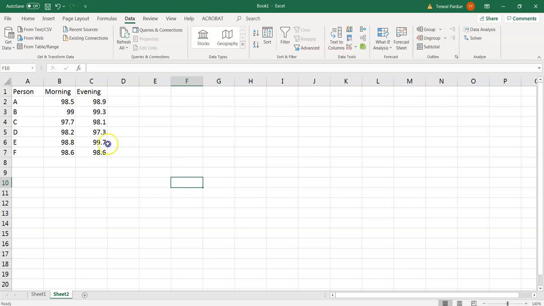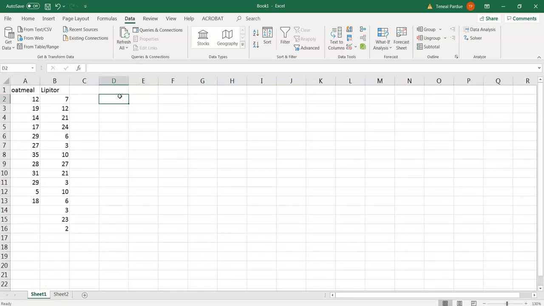All right, so this is matched pairs data. And it may help to think of it as each row of data: within each row, this observation corresponds to this observation. There is a relationship in that, in this case, this observation and this observation both come from the same person.